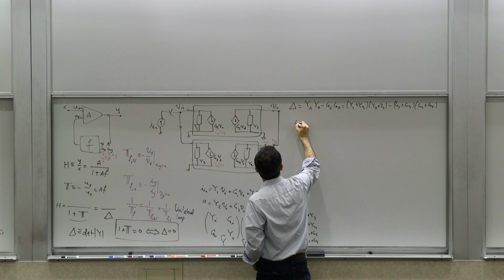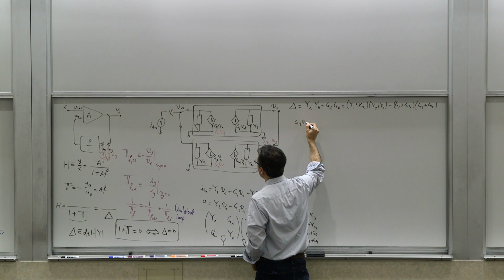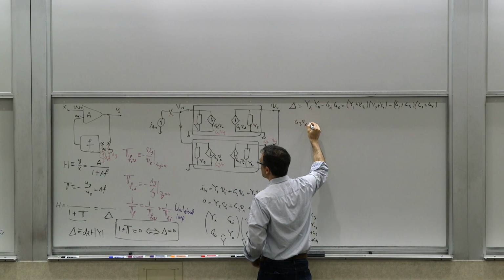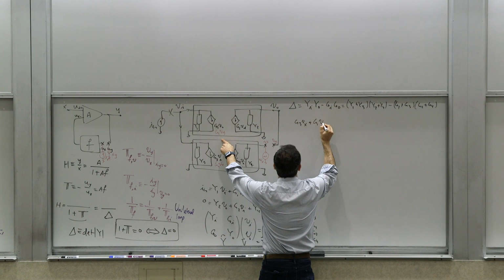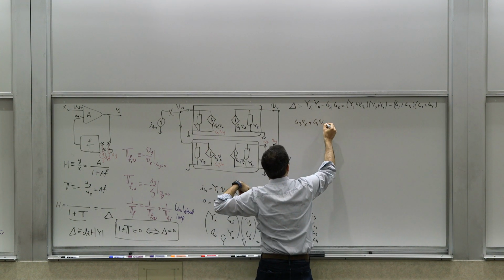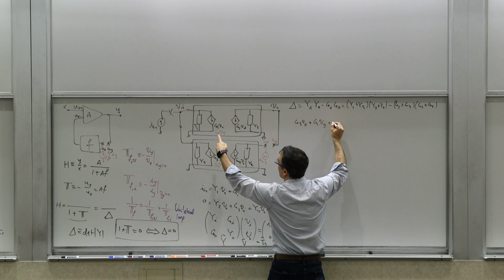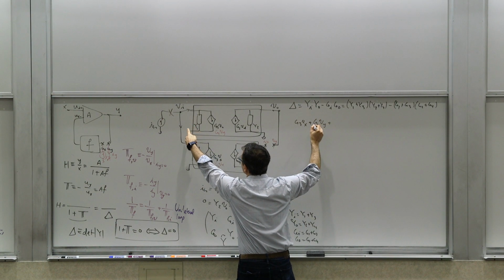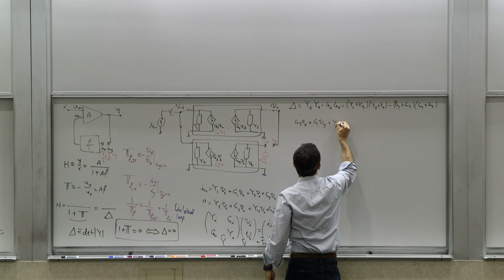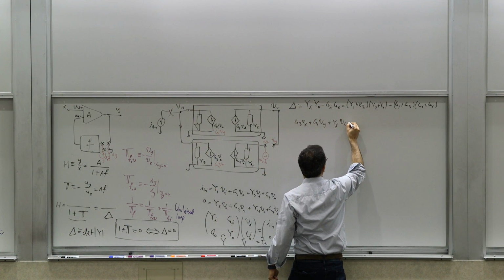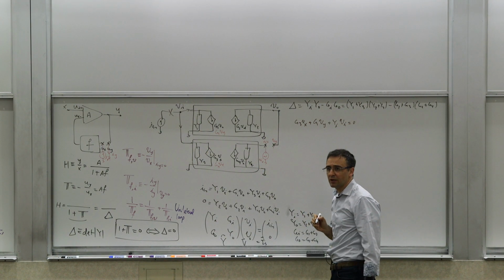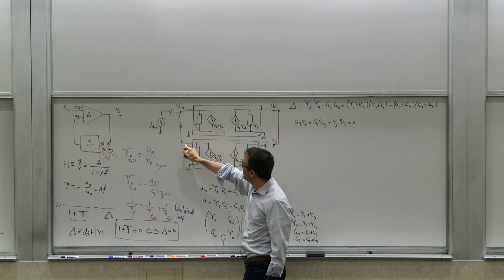So you have GmVx plus G1 Vy, and these two is equal plus, now this is Vi, right? It's Yi Vi, which is the sum of, Yi is the sum of these two. That's the current through both of them is 0. So that's one equation. It's a KCL written here.